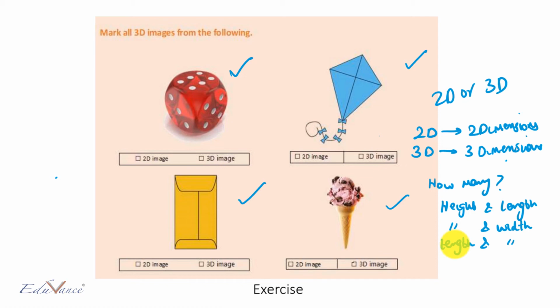So you have to identify that, and you have to see whether we have two dimensions or whether we have three dimensions. And one suggestion I would like to give you is it will be great if you can mark the dimensions on your images and then arrive at an answer whether it is 2D or 3D.